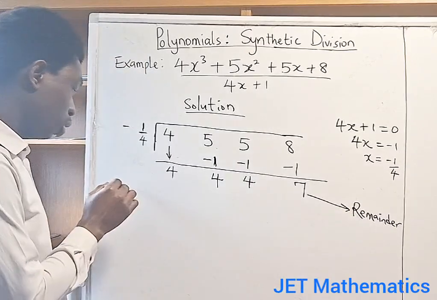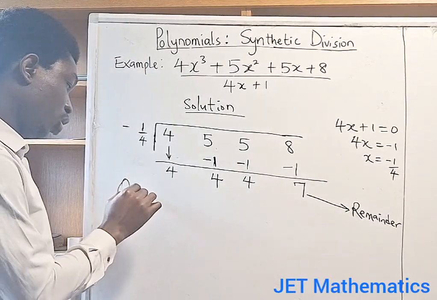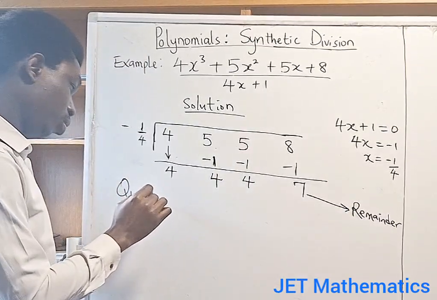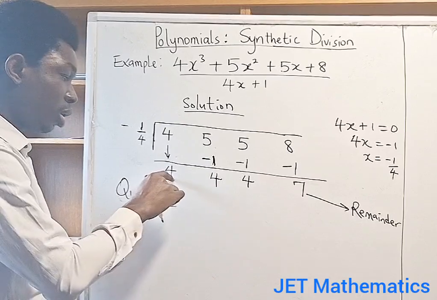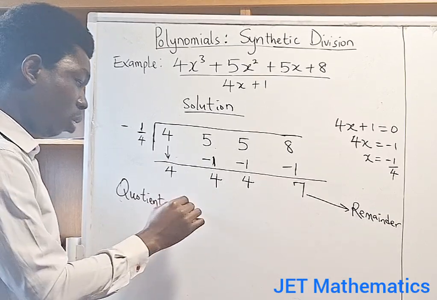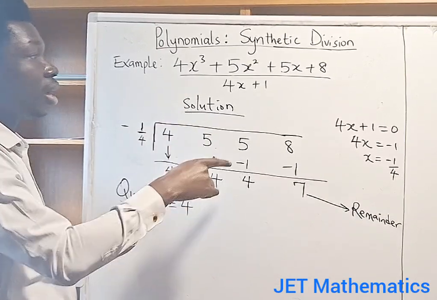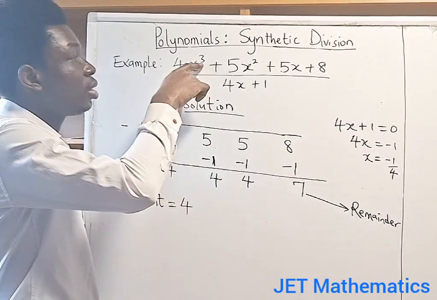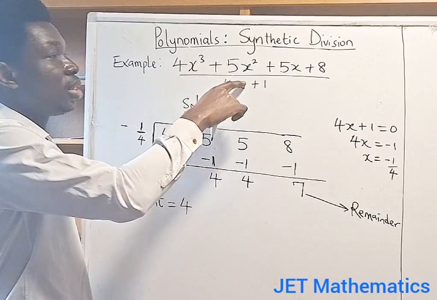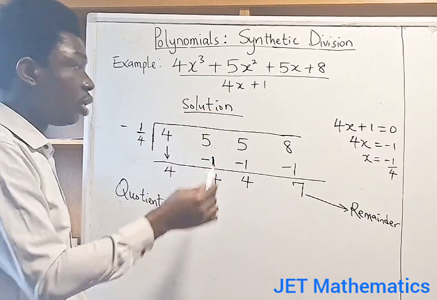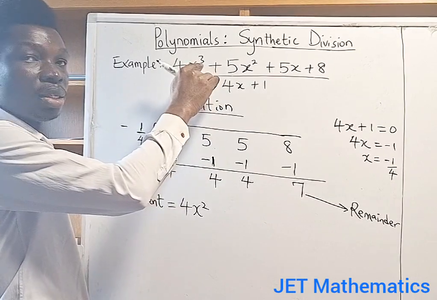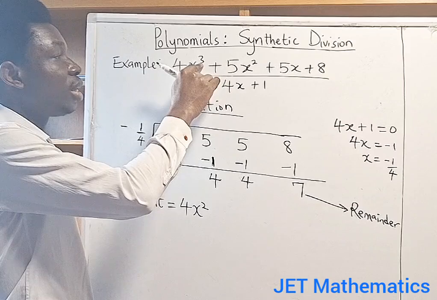But what would be our quotient? Quotient is equal to, now here is 4. Then I told you in our previous video that since the degree here is 3 and the degree here is 1, our new degree will be 2, which is 1 less than the degree of the dividend.